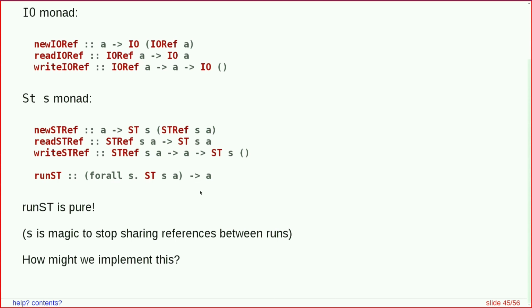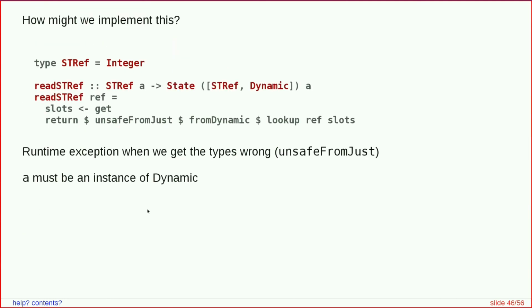Okay, so these type signatures are just the same as the IORef ones in a different monad. They have this little S in here, which is a phantom type to make sure that you don't run two different computations and share a reference from one to the other, which is a little subtlety, but you can mostly ignore it. How could we implement this then?